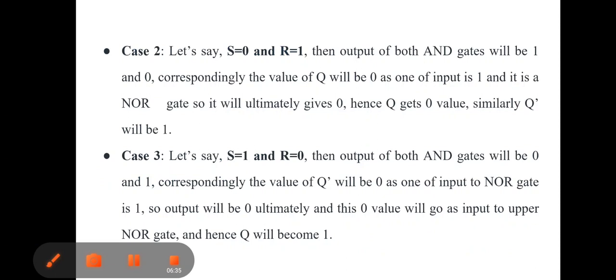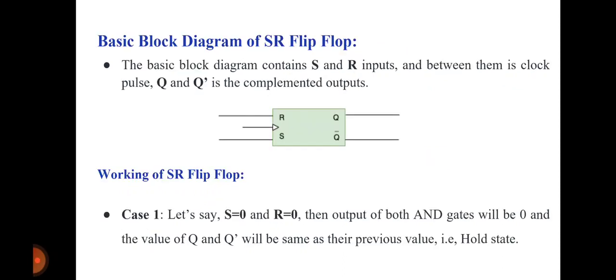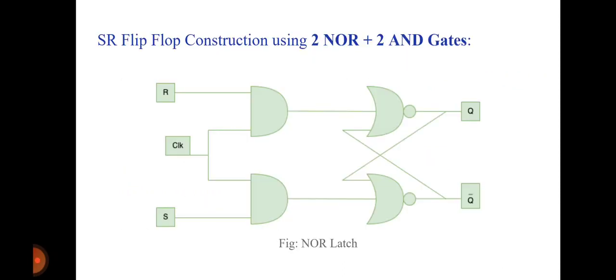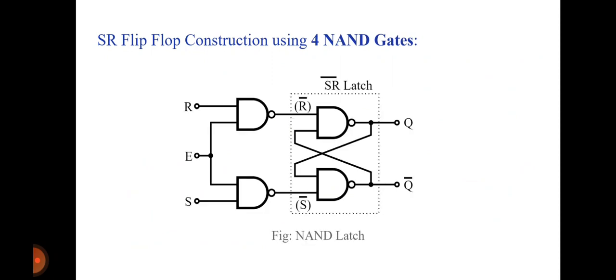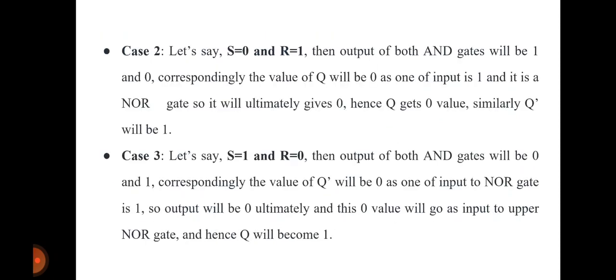And the third case is when S equals 1 and R equals 0. Then the output of the AND gates will be 0 and 1 correspondingly, and the value of Q bar will be 0, as one of the inputs of the NOR gate is 1.